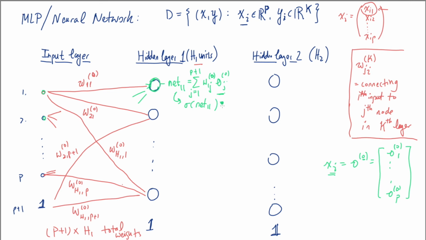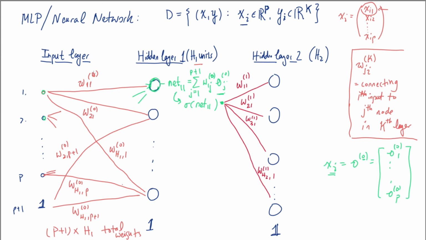Now this becomes the new output, and it gets passed into the next layer. We're going to call these weights 1,1, 2,1, 3,1, and this is going to be H2,1. All we're doing is repeating what we did initially.